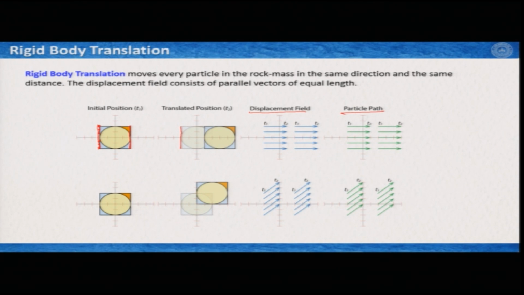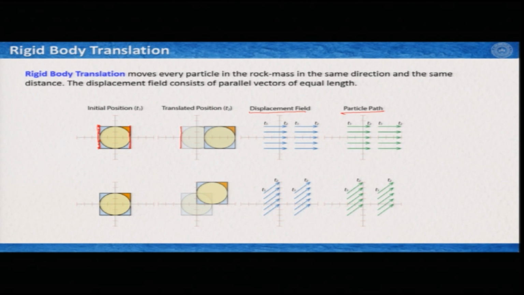As for the definition of the displacement vector or displacement field, if I connect the initial point and end point through a line and add a vector, it is the displacement field, and the particle path, again from the definition, is the path it followed from T1 to T2.